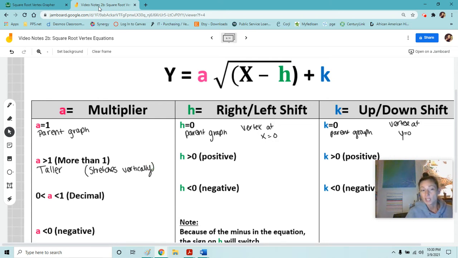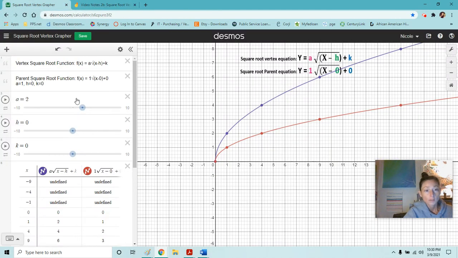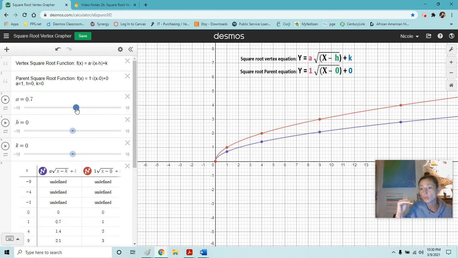The next one is when a is a decimal, a number between 0 and 1. So we'll see how that affects the graph. I'm going to take this little sliding tool and move it so it's a number between 0 and 1. And we see now the purple graph is a little bit shorter.